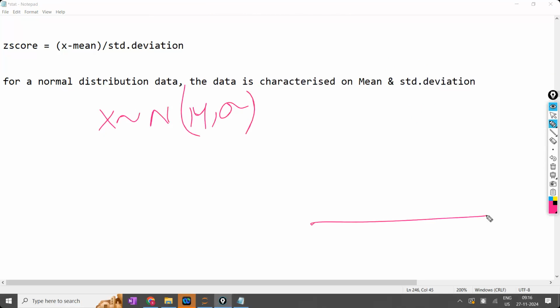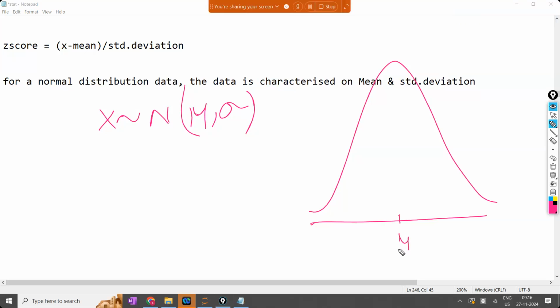Now, if you are taking normally distributed data, the center value should be mu. The next number, you can't write as per your choice. It should be only mu plus 1 sigma, the second number.